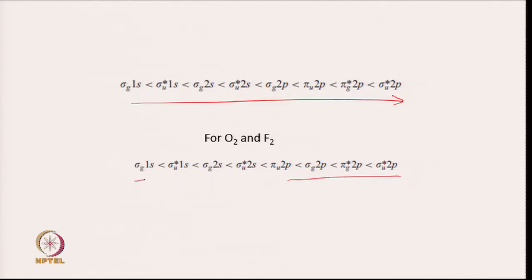Till this point it is the same, after that sigma g 2p and pi u 2p are exchanged, and again the last two are the same. So, this is the way the molecular orbital picture describes the energy of different molecular orbitals.